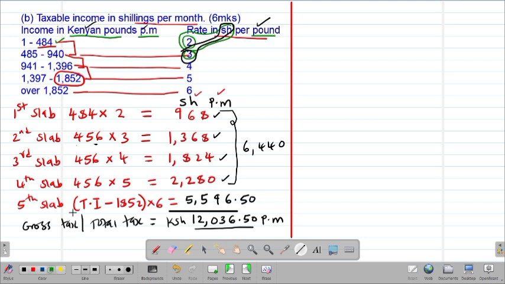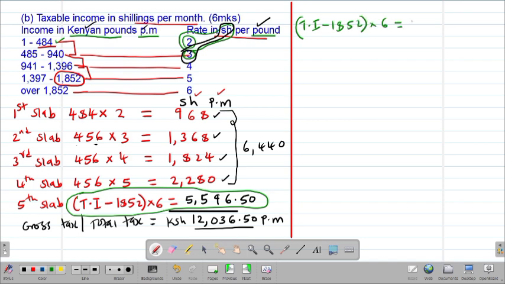Now from this particular point, I want us to consider this equation here. I'm having a taxable income. So this is taxable income minus 1852, then multiplied by 6. This should give us 5,596 and 50 cents.